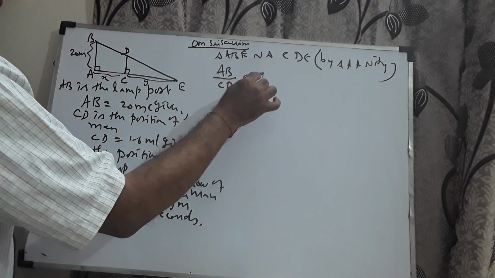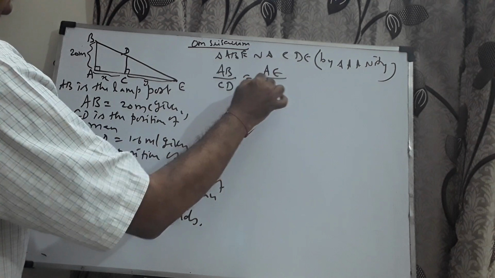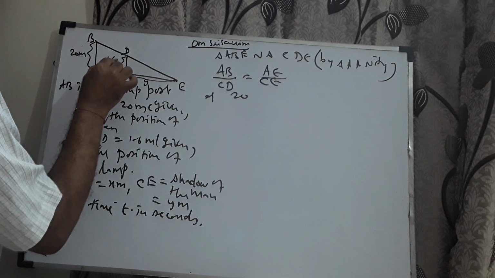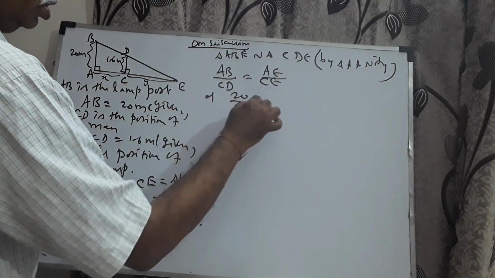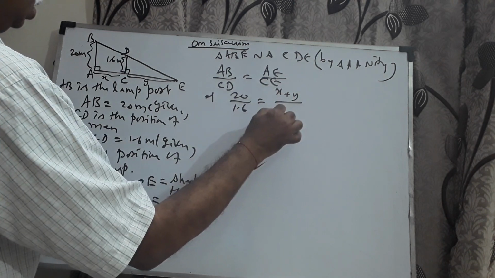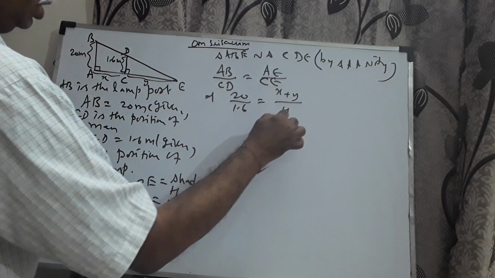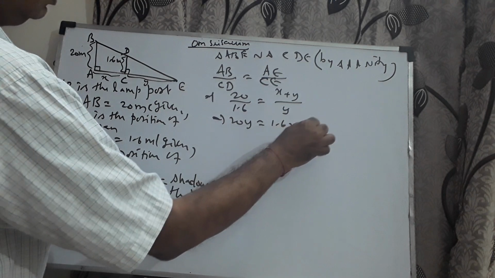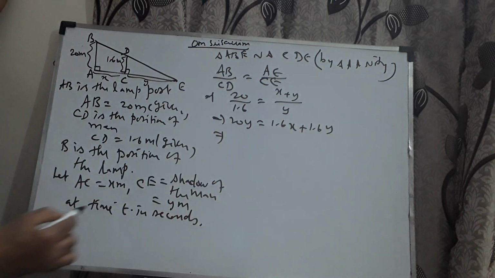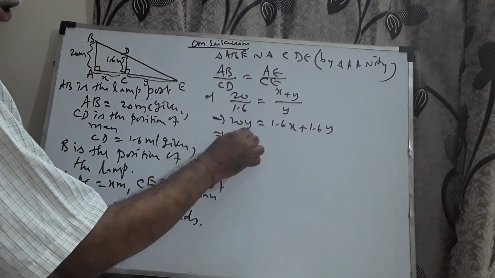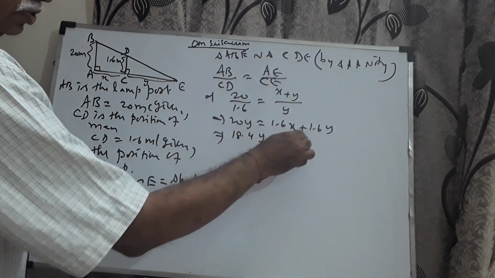Therefore, I will just use AE by CE, where this length is 1.6 meters, given. 20 by 1.6 is equal to x plus y divided by CE, which is nothing but y, which implies 20y is equal to 1.6x plus 1.6y, which implies 20 minus 1.6 is nothing but 18.4y is equal to 1.6x.